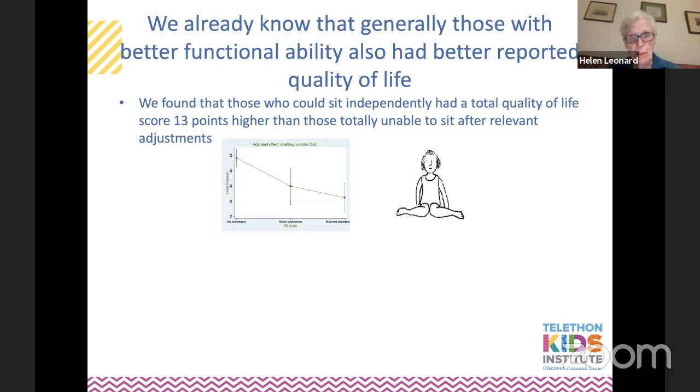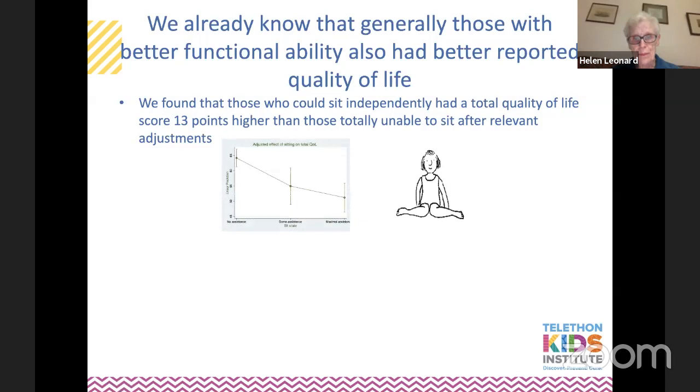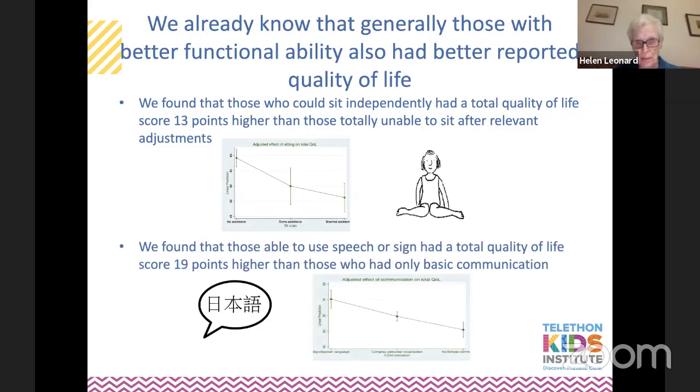And this is an example of quality of life in those who have no assistance in sitting compared with those who require maximal assistance. And there are quite marked differences there. Similarly with speech and communication, those who are able to communicate have a much better quality of life than those who are unable to.